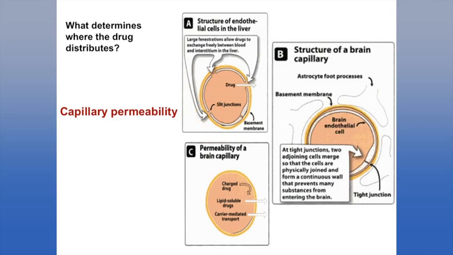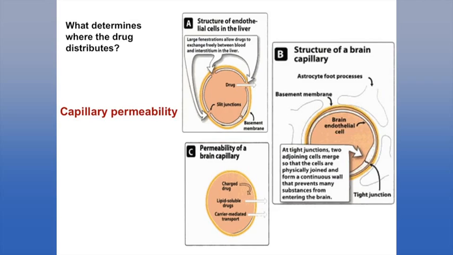In contrast, in panel B, we are showing you the structure of a brain capillary. Here, the basement membrane is contiguous. The tight junctions are so tight, it allows very limited transport across the basement membrane. This we refer to as the blood-brain barrier.